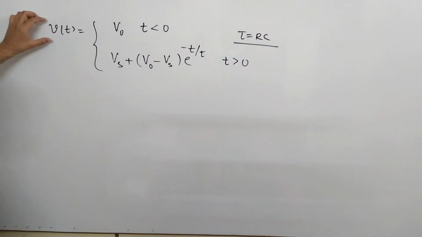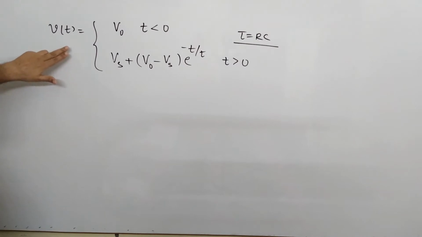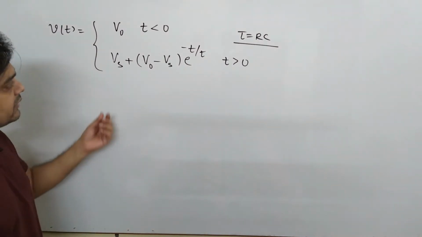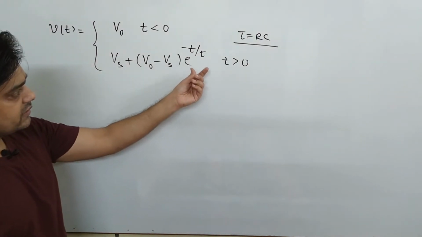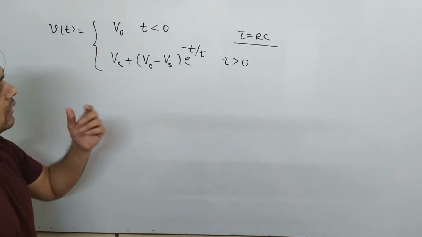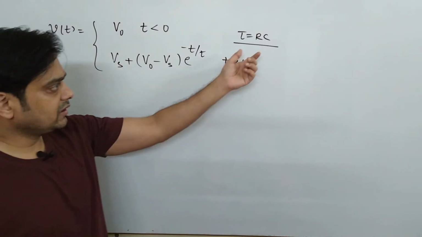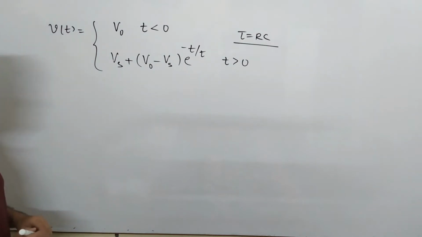So friends, we have found this solution: Vt is equal to V naught for t less than 0, and Vs plus (V naught minus Vs) e to the power minus t by tau for t greater than 0. This is for an RC circuit where tau is the time constant, that is Rc.